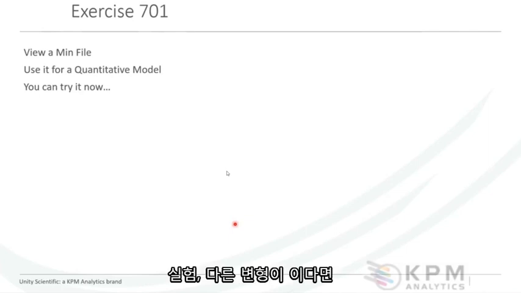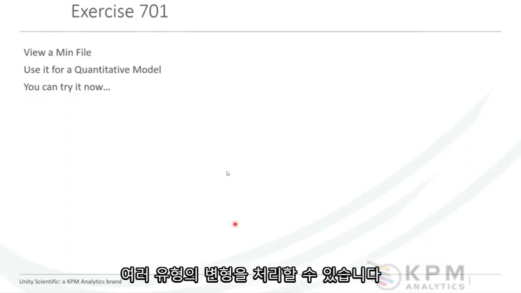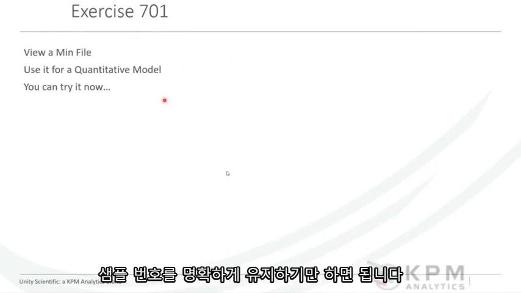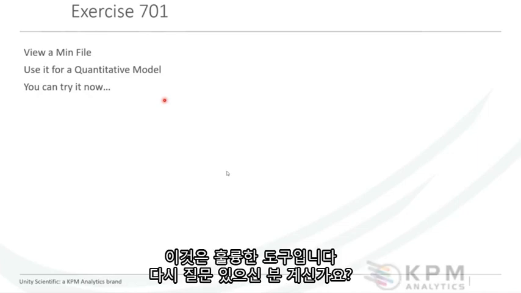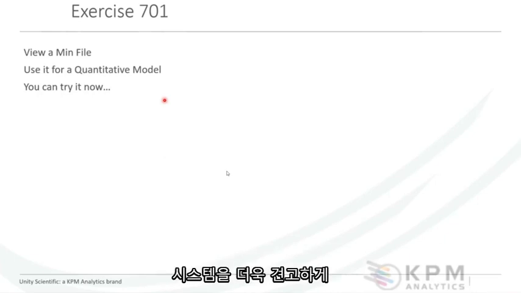But then if I had another experiment, another variation, I would start at 101, 102, 103. So the min file can handle multiple types of variation. You just need to keep the sample numbering clear. Okay, this is a great tool. If anybody has any questions, again, I like talking about this. This can really help stabilize and make your system more robust.